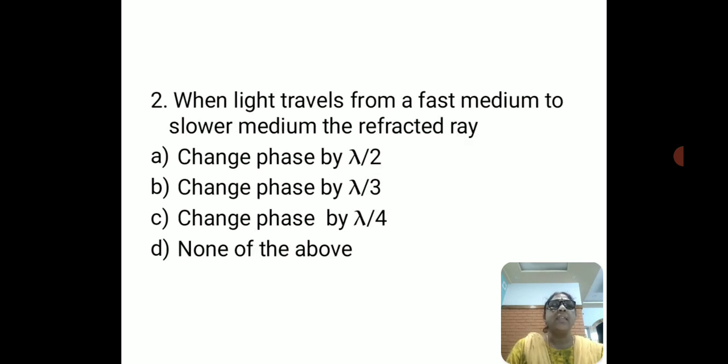Next, when light travels from a faster medium to a slower medium, the refracted ray changes the phase by lambda by 2, lambda by 3, lambda by 4, or none of the above. So here the change of phase is lambda by 3.